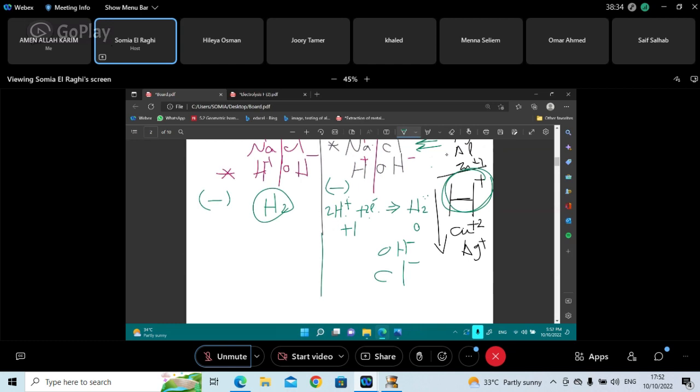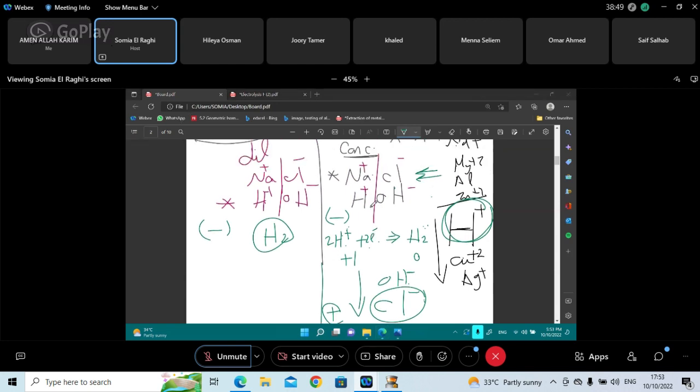In the case of concentrate, you have OH on the top, so competition going toward the anode, chloride ion will go first. In the case of dilute, I have too much water, so this particle will be at the bottom. Once you memorize that, it is done. So this particle will be the winner in the case of dilute.